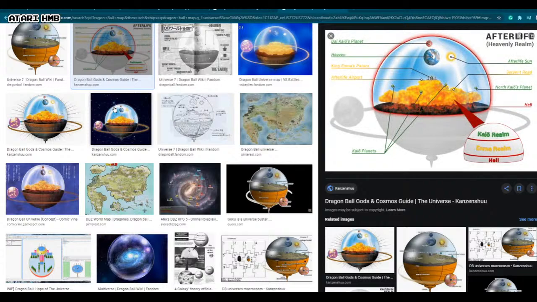So to give you an idea, you got heaven, which is the size of the universe. You got the Enma realm, and you got hell. So these are all universe in size. Now this is called the afterlife, or the heavenly realm, the realm Garlic Jr. was going to suck up. This realm is about the size of a super universe, I guess.